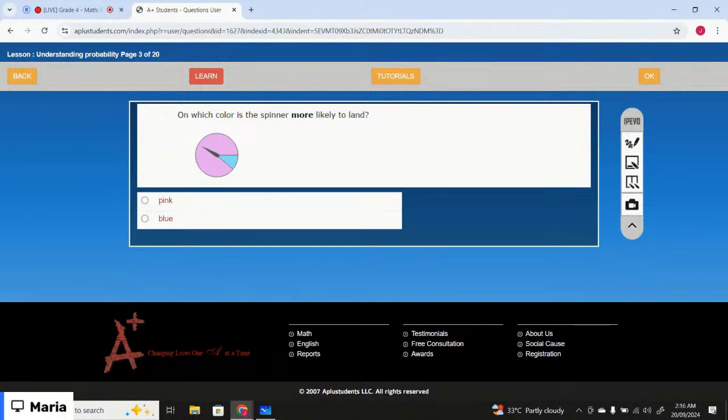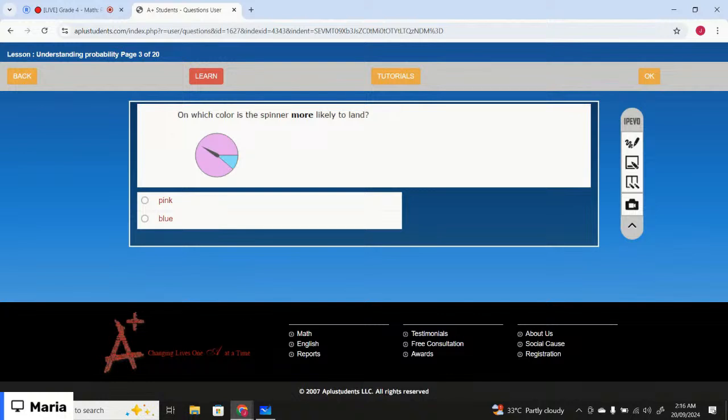On which color is a spinner more likely to land? Which is the correct option? On which color is the spinner more likely to land?